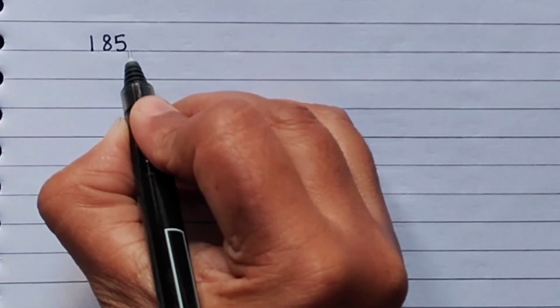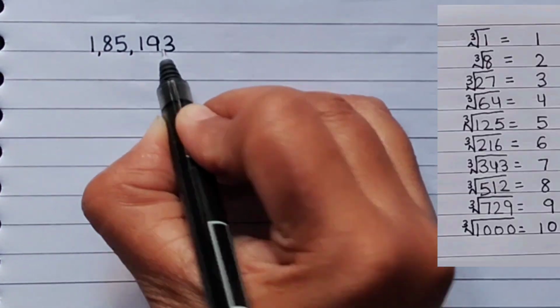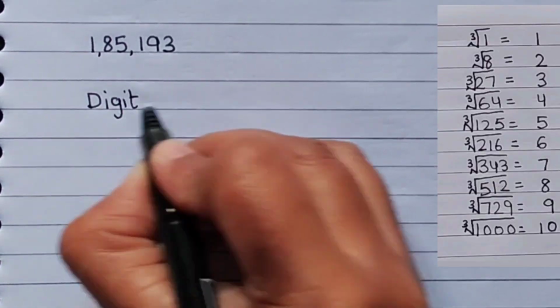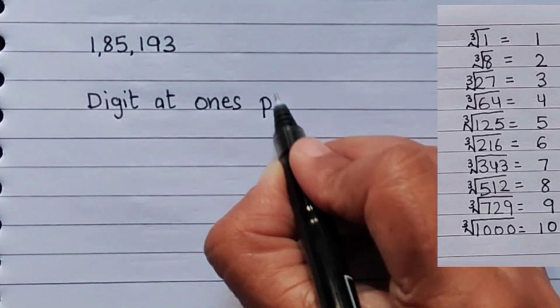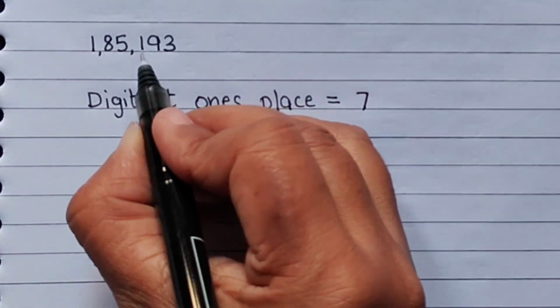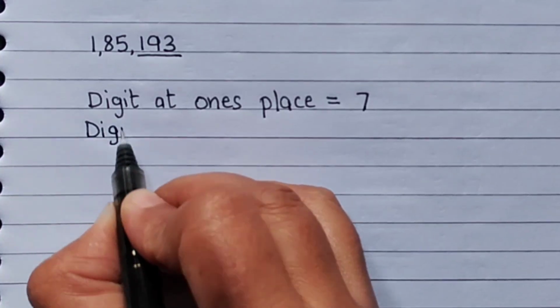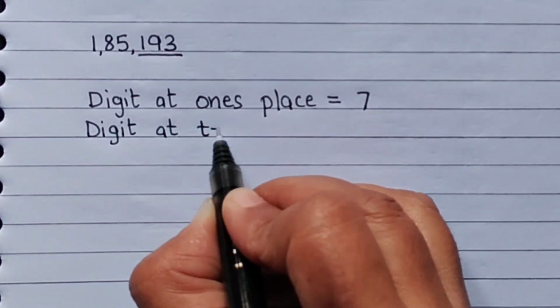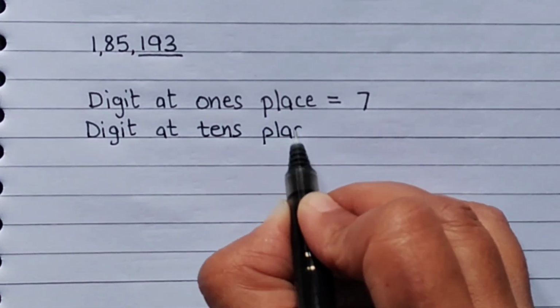Let's take another example. Cube root of 1,85,193. Here last digit is 3 again. That means the digit at unit place in the cube root is 7. Now to find the digit at tens place, ignore the last 3 digits and the remaining digits are 185.